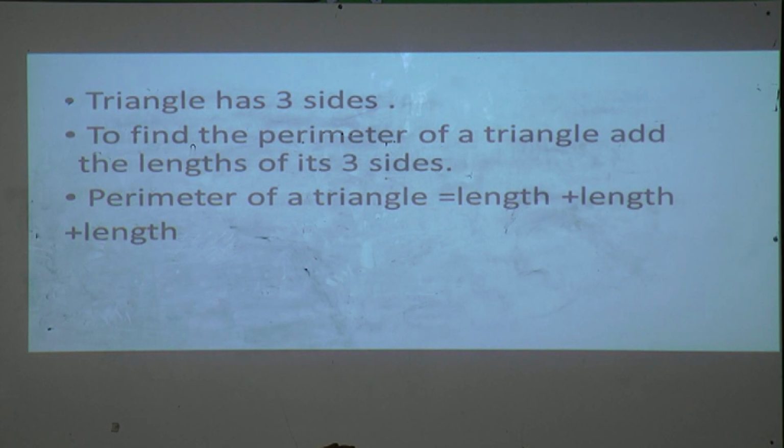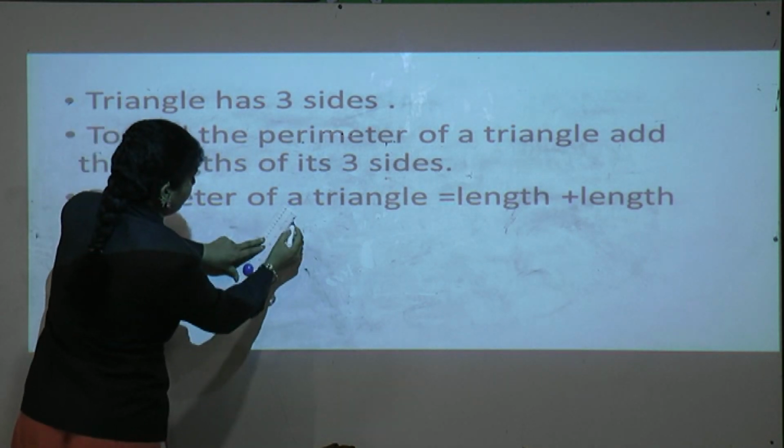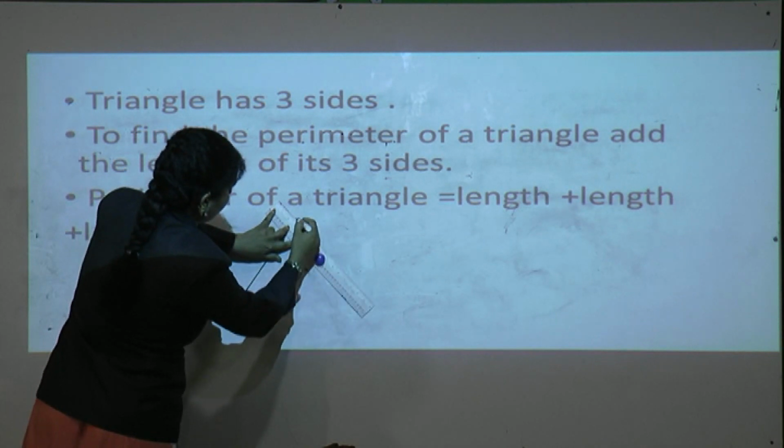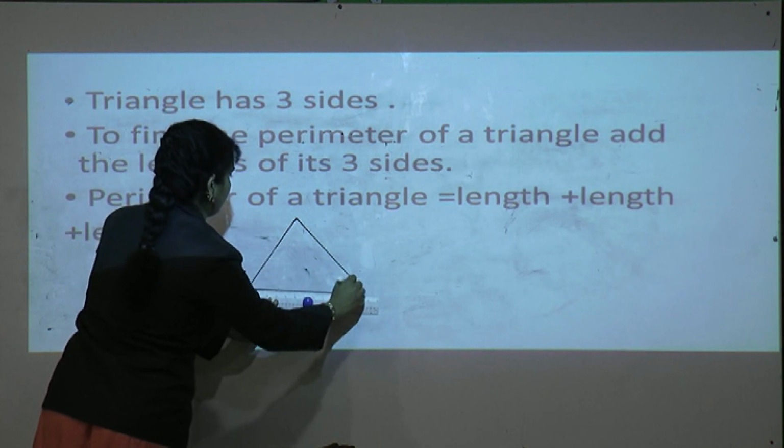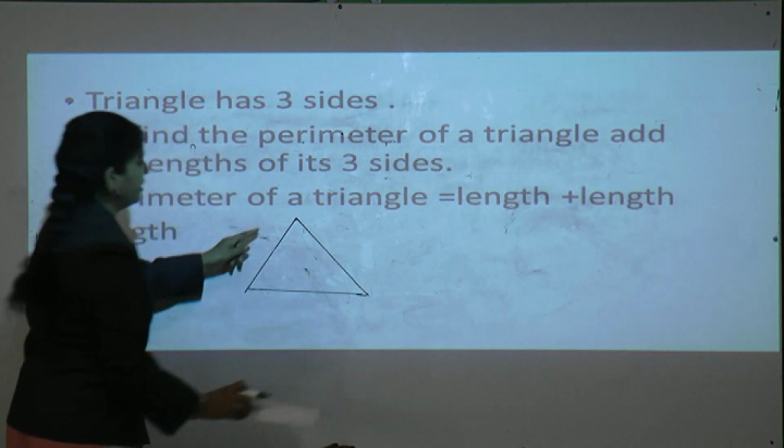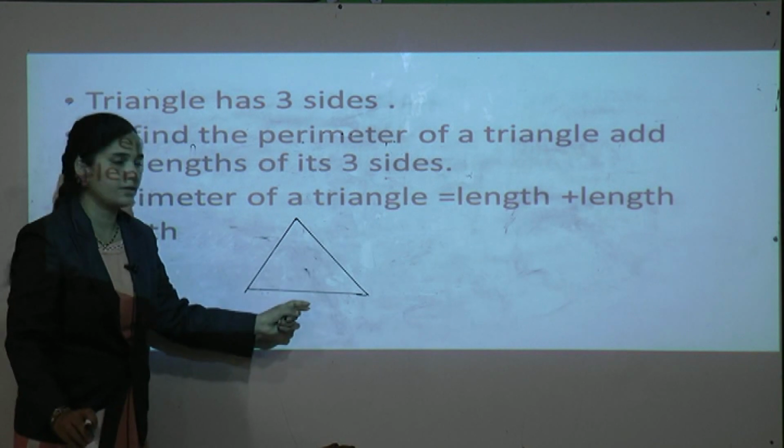And how to find the perimeter of a triangle? A triangle has three sides. To find the perimeter of a triangle, add the lengths of its three sides. Here, this one is a triangle and it has three sides, first, second and third.